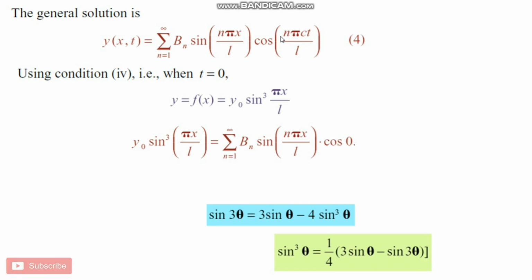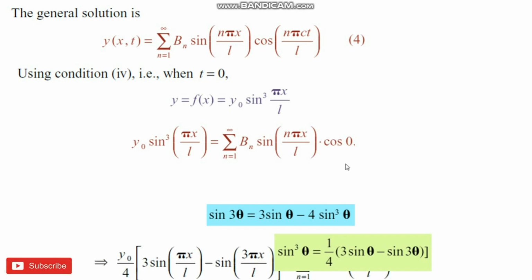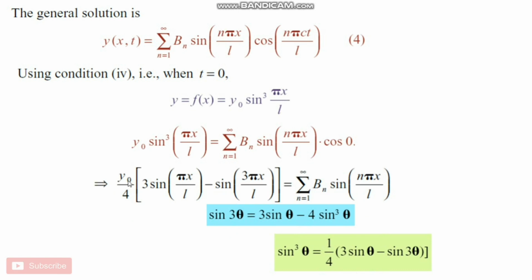Wherever we have t, that t is replaced with 0. y(x,0) equals y0 sin cube πx/L. On the left hand side, the summation bn sin(nπx/L) cosine 0 is obtained. y0 is constant, and this sin cube πx/L expressed in terms of the multiple angle, you have 1/4, that is why 1/4 (3 sin πx/L minus sin 3πx/L), equal to sigma bn sin(nπx/L).